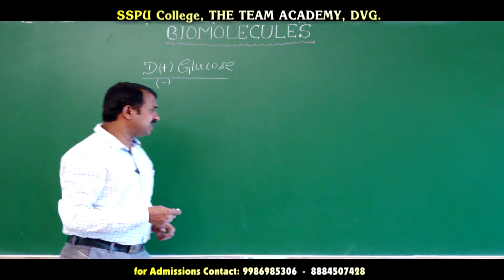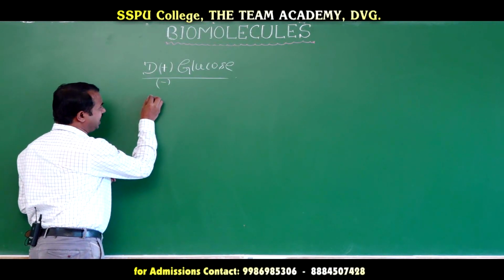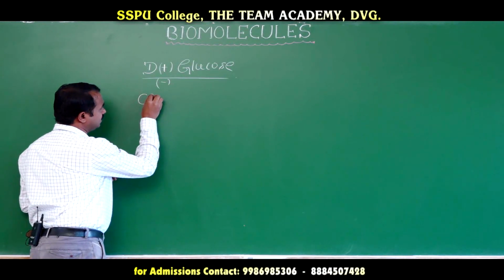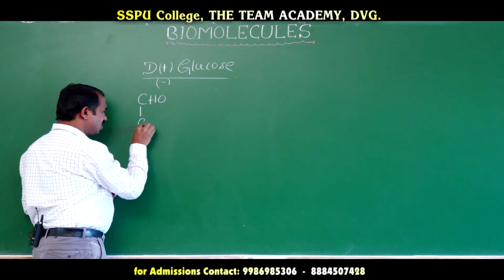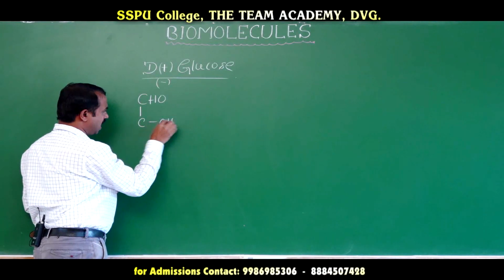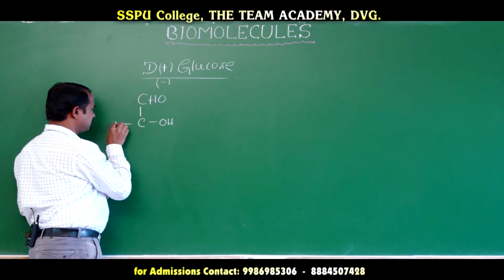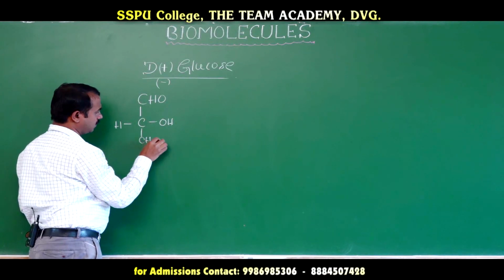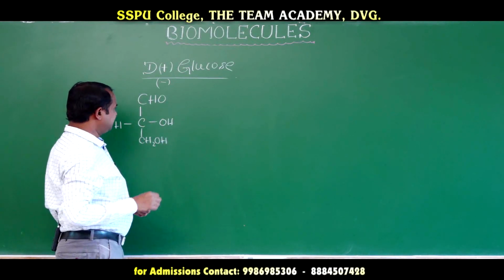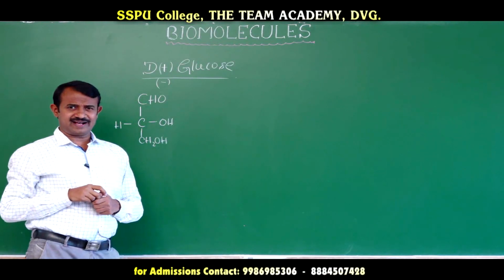What is the structure of glyceraldehyde? Here the structure is CHO, then the optically active carbon, then CH2OH. This is the structure of glyceraldehyde.